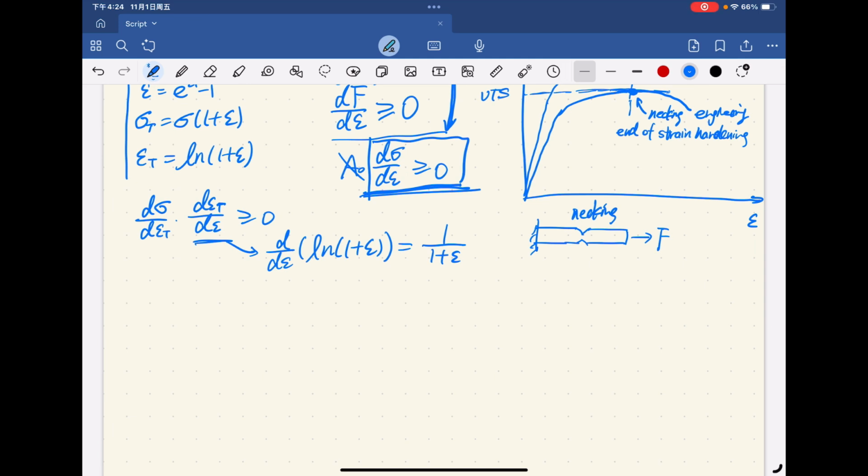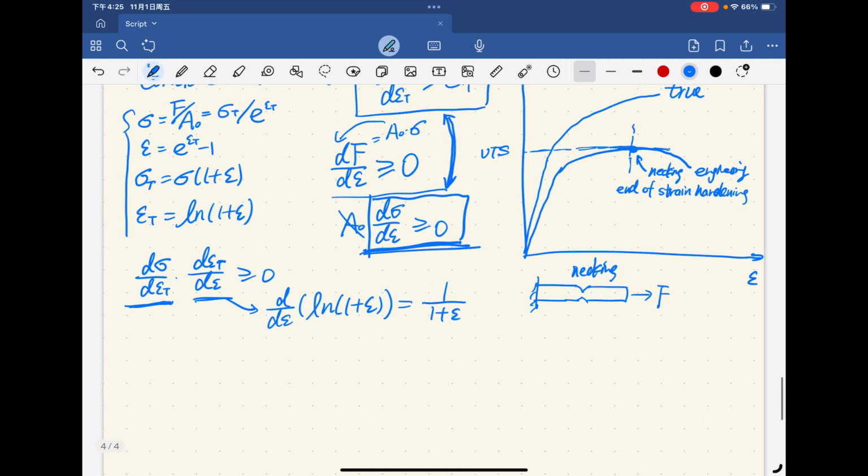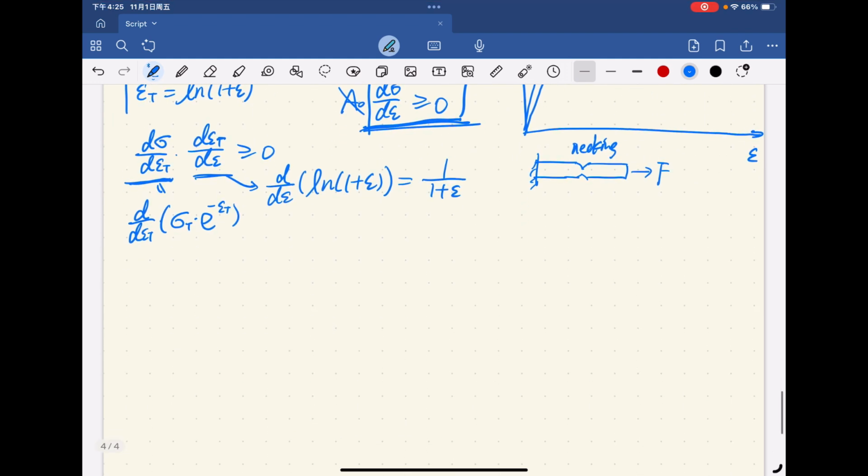But for the left side, because sigma equals sigma t times E to the minus epsilon t, you can't just take this sigma t out, because this is not a constant. It is related to epsilon.